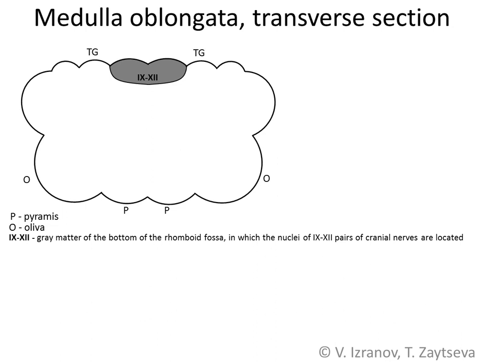Then laterally to the nuclei of cranial nerves we can find this elongation, which is designated as TG because it's tuberculum gracilis.